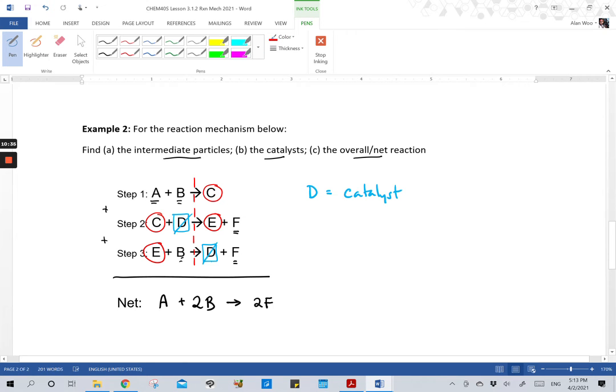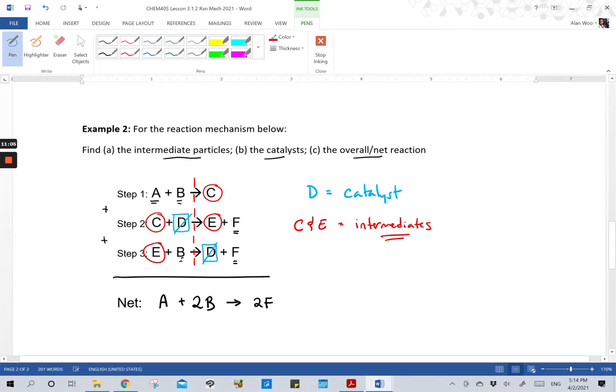So that means C and E, both C and E, are what we call intermediates. The intermediates are your in-between molecules. They are formed during the reaction. So for example, C here is formed during reaction 1, step 1. They're formed as a result of A and B combining together.